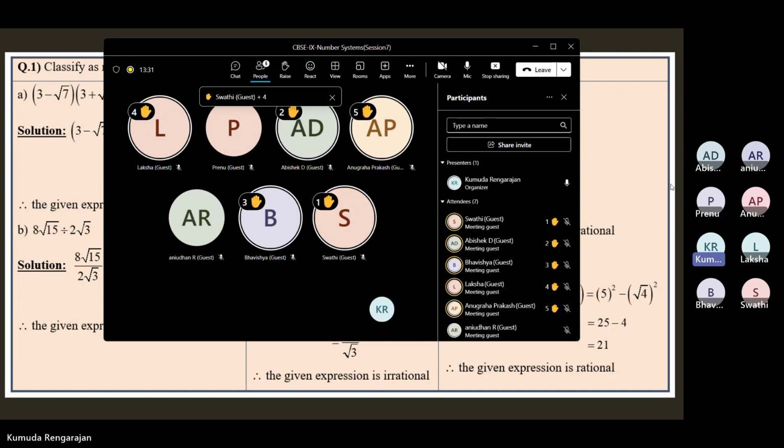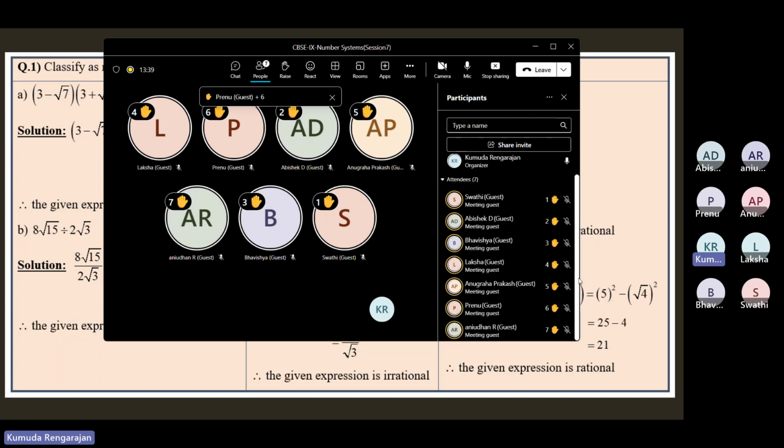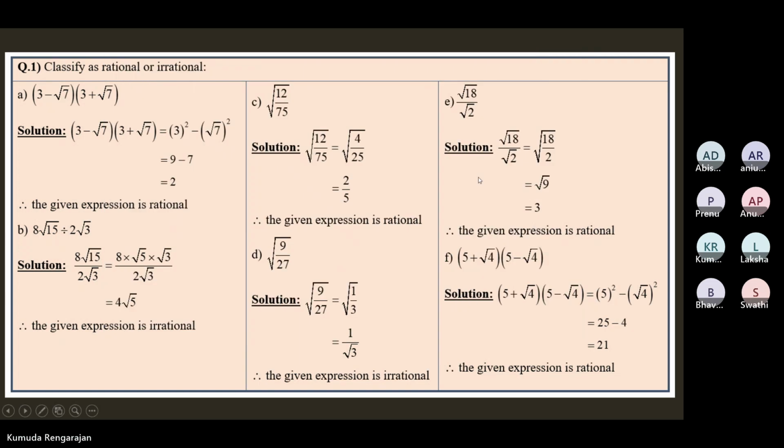Be true to yourself. Swati, Abhishek, Bhavishya, Laksha, Anugraha, Prenu, and Aniruddhan, all of you have completed. Very nice. Check your answers, and if it doesn't match with my answer, you can ask me.